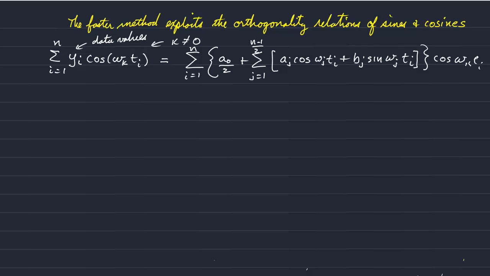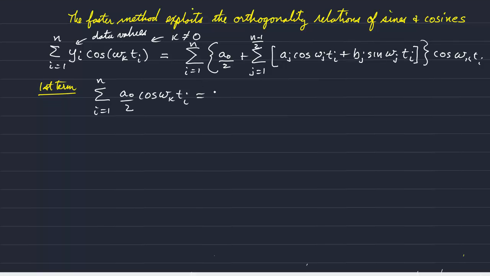Okay, so now let's look at this operation term by term. So our first term is the sum of a naught over 2 times cosine omega k t i, and that's equal to 0, right?